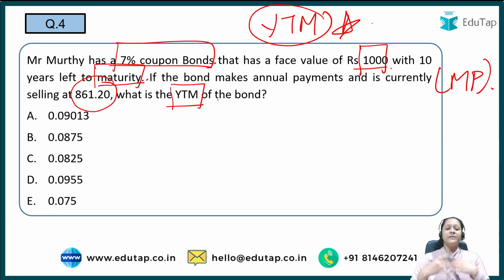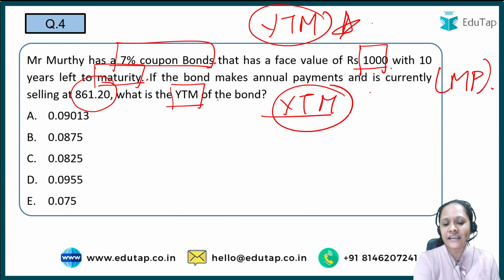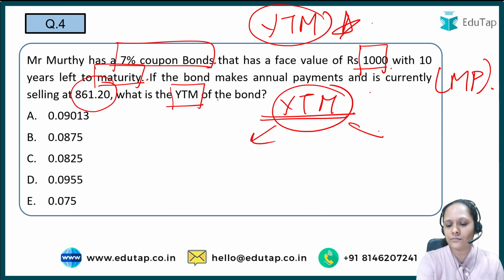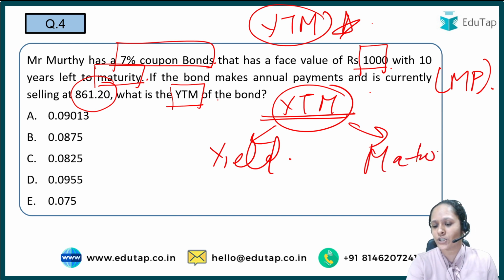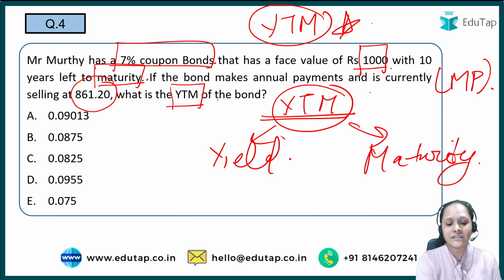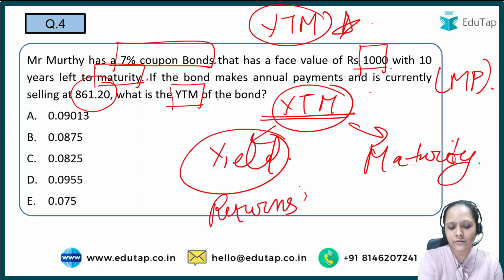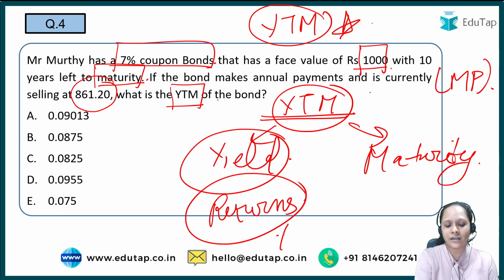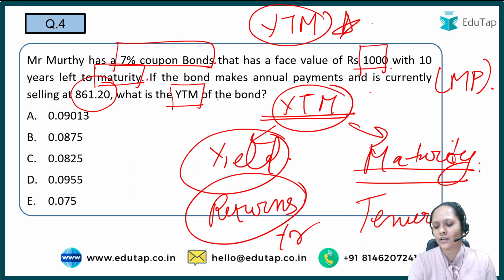Now, before solving this numerical, let us understand what is yield to maturity. Yield to maturity has two terms. The first term is yield and the second term is maturity. What is yield? The returns which you get as an investor for a particular year become your yield, and maturity is the tenure, the number of years until the bond will be redeemed.